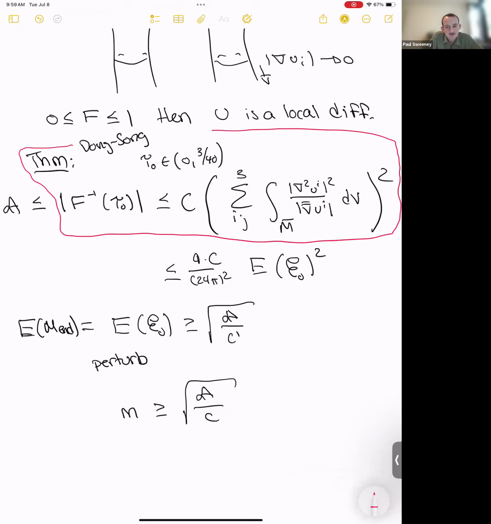Is there hope to improve the Dong Song inequality, or does this seem the best you could do with how the techniques in Dong and Song's paper work, to get that C down a little bit?